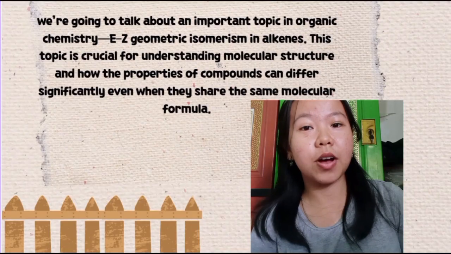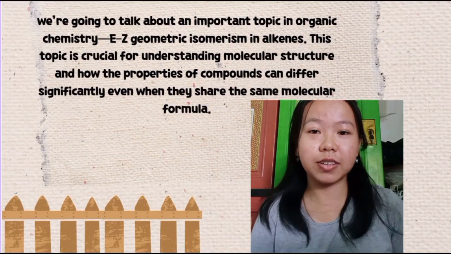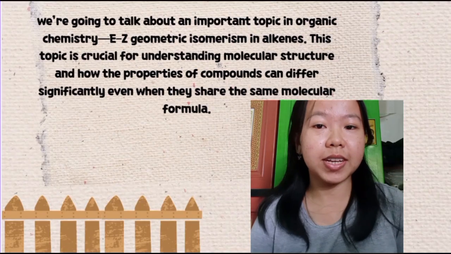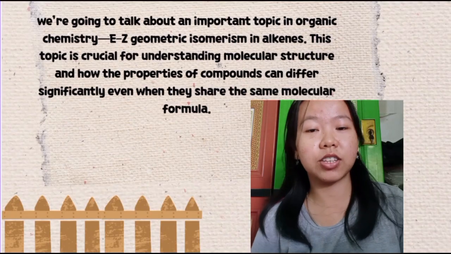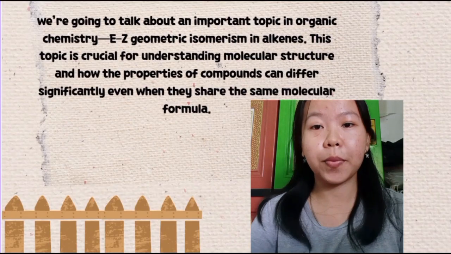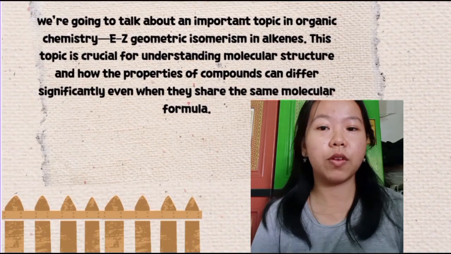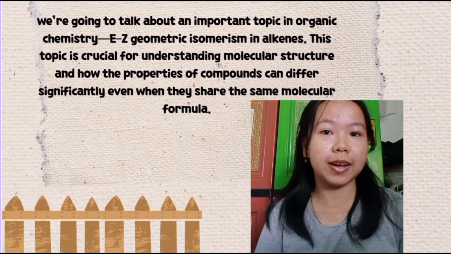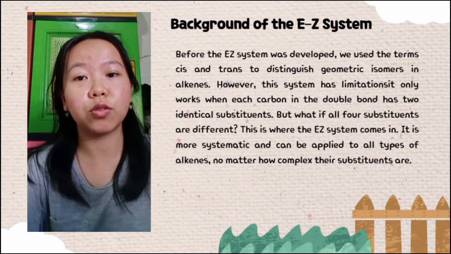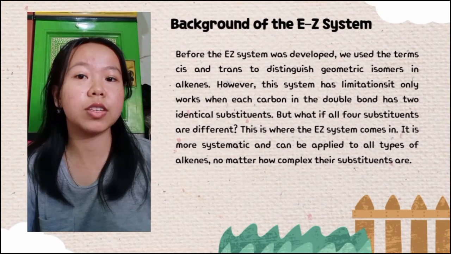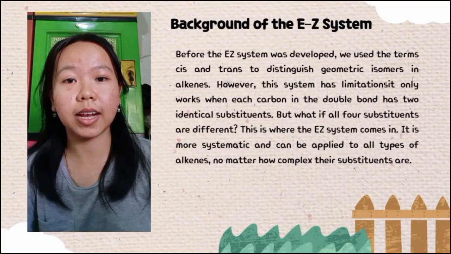We're going to talk about an important topic in organic chemistry, E-Z geometric isomerism in alkenes. This topic is crucial for understanding molecular structure and how the properties of compounds can differ significantly even when they share the same molecular formula. Before the E-Z system was developed, we used the terms cis and trans to distinguish geometric isomers in alkenes.